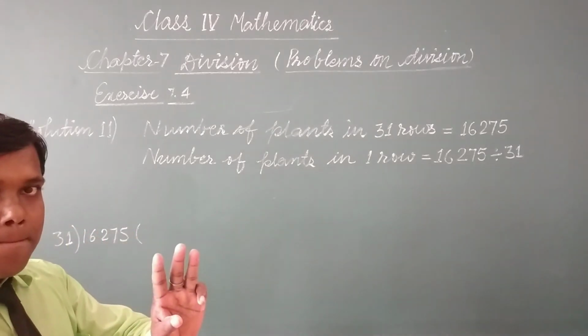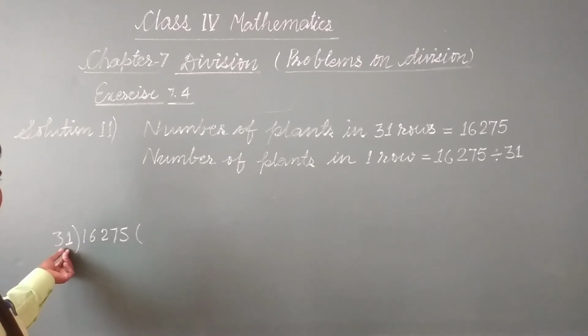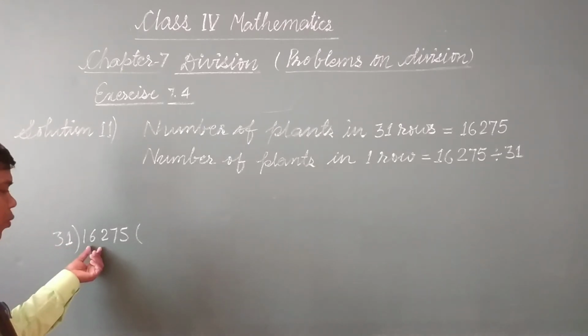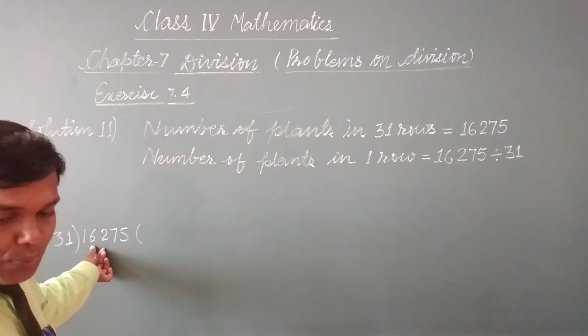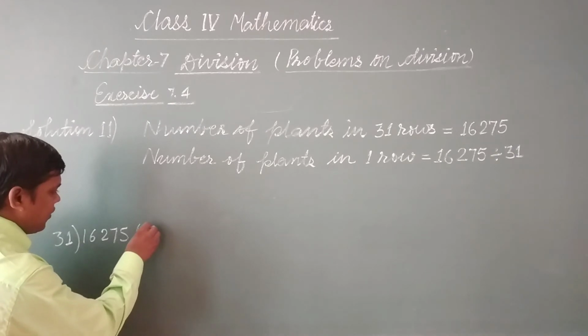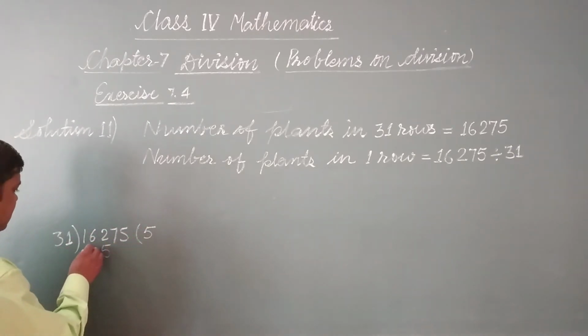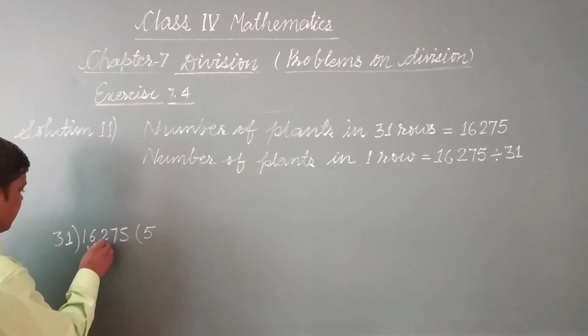Then we read the table of 31, and we will see which is near 162. So when you write it 5 times, you will find 155.